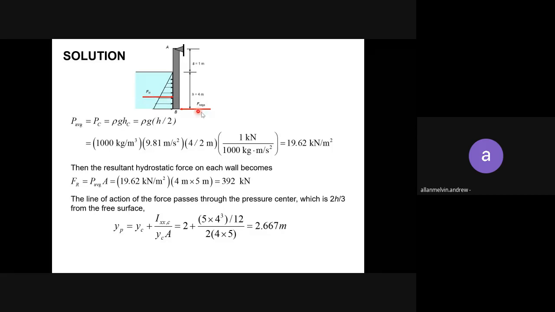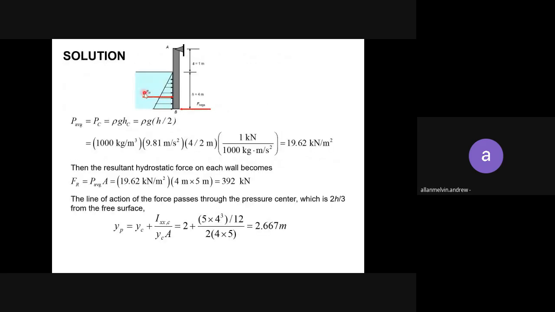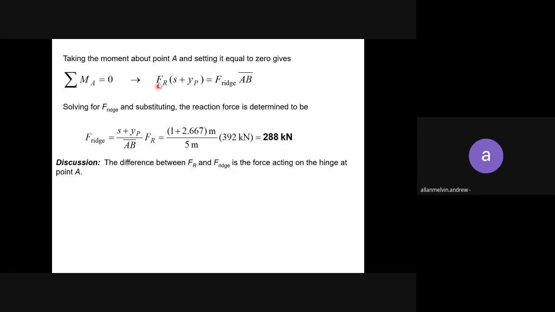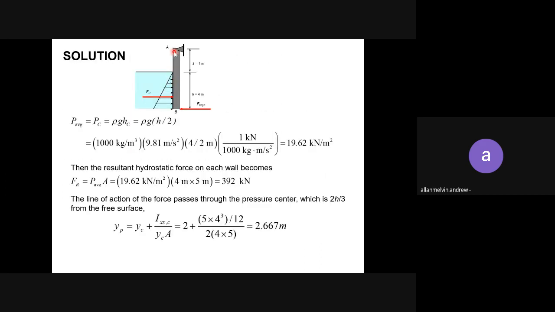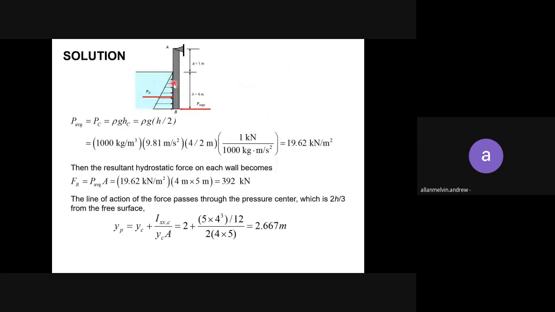So you already know the location of the force, at 2/3 H from the surface. So you write FR. There are two forces, FR and F reach. From point A, how far to FR?